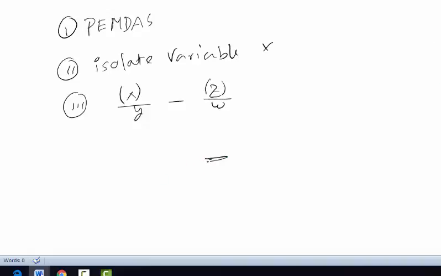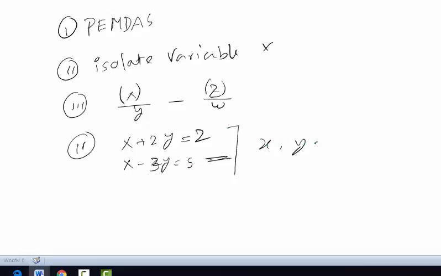There will be some questions related to this concept, and the final one, I guess, is equations related to two variables, then solve for x and y. You have to know all these four, and these are very important topics.